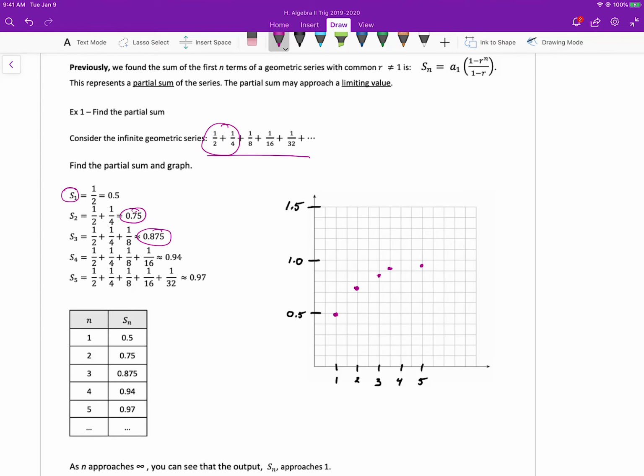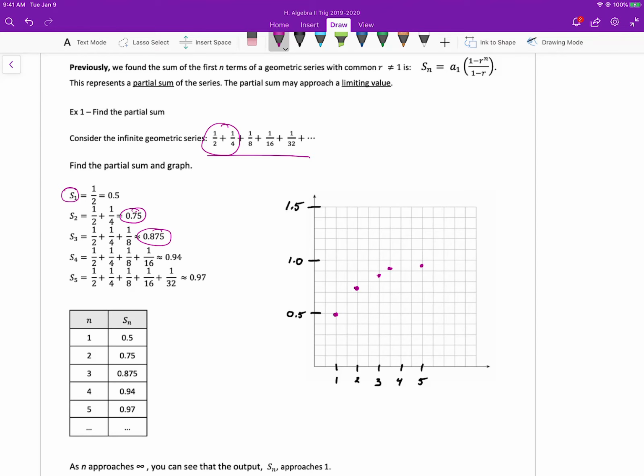Okay, so now we can see how, if we keep going, it's like we're approaching a number. We may not get there, but we call that approaching a limiting value. So for this example, as n approaches infinity, that's as our terms go on and on forever, the output, which is the sum of our terms, will approach 1.